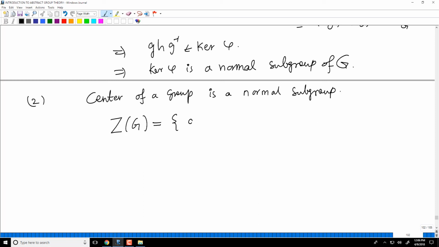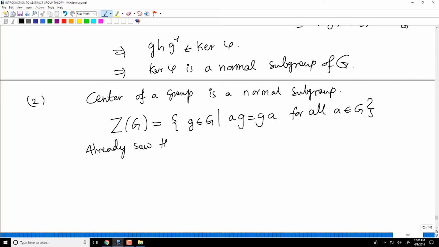This is all elements g in G such that ag is ga for all a. Again, we already saw that Z(G) is a subgroup, right? That's not surprising. That's not new to us.